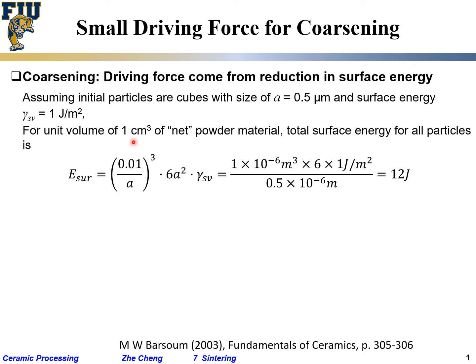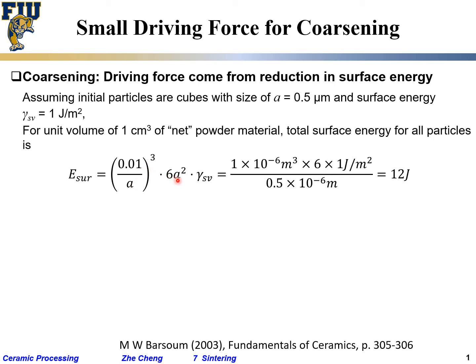How many of those small particles do I have? Make sense? This is 1 centimeter or 0.01 meter divided by edge length, which gives me how many along one direction, and I cube it, times the surface energy for one cube. And of course, I have a to the power of 3 here.